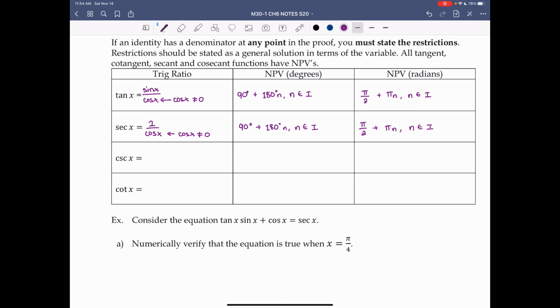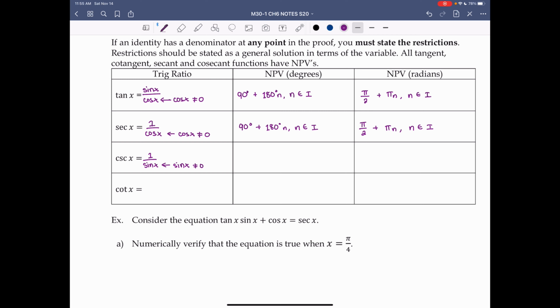Cosecant x is the reciprocal of sine x, so 1 over sine x. Then sine x cannot equal 0. When does sine x equal 0? Sine is the y value on the unit circle, so that is at the positive x-axis and the negative x-axis, which is 0 degrees and 180 degrees.